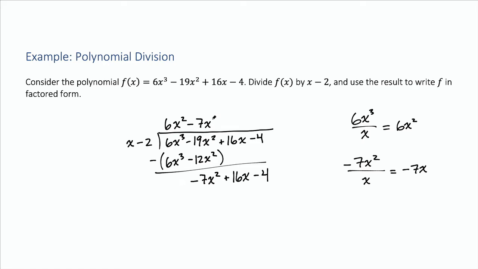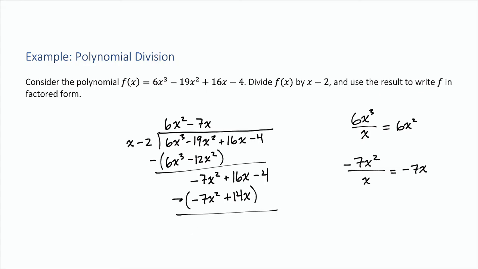Now we take that negative 7x and we multiply by the x minus 2. So negative 7x times x is negative 7x squared. Negative 7x times negative 2 is positive 14x. After multiplying by that divisor, we then subtract.